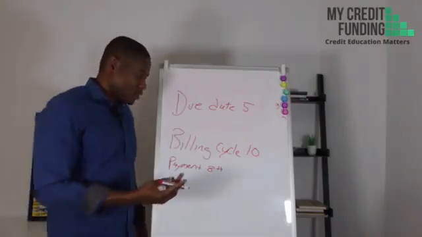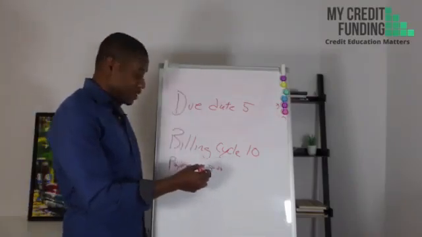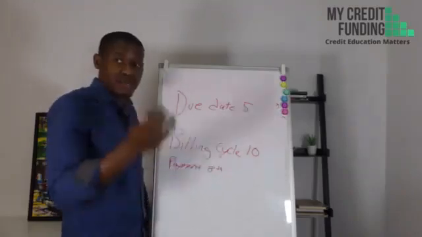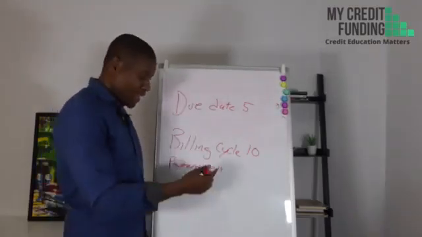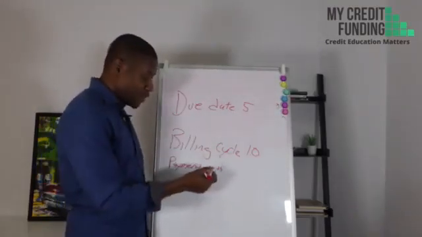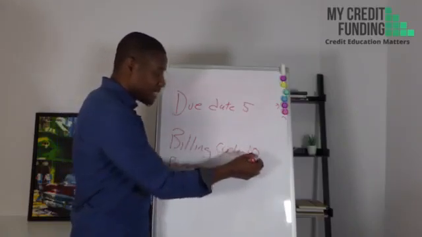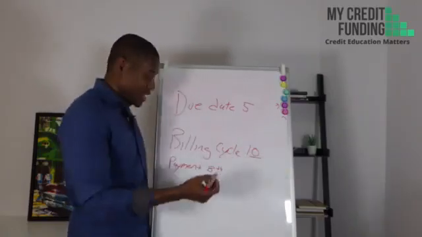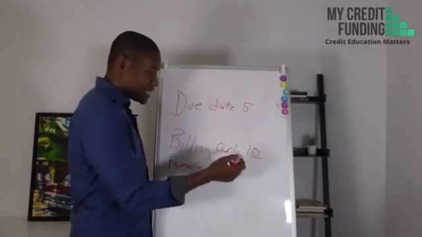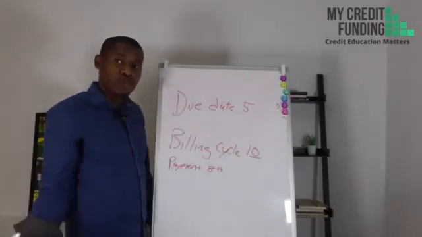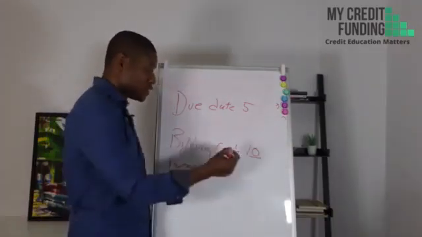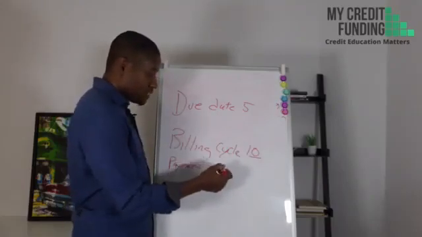So let's say you make a payment today, and your due date was on the 5th. You just got the statement and thought, oh, I forgot to make my payment, and you go today, the 9th, to make the payment. Well, guess what? Because your billing cycle is on the 10th, that payment is going to be late. It is going to arrive late because they are going to print that statement tomorrow, December 10th. Your payment is going to be late.